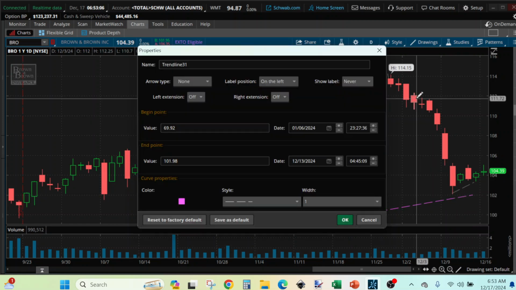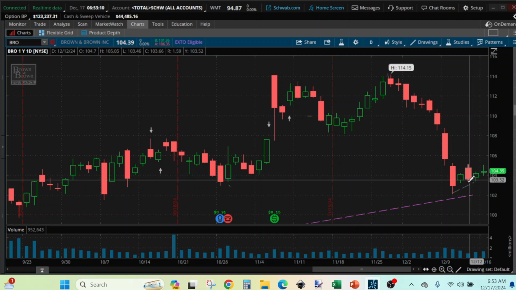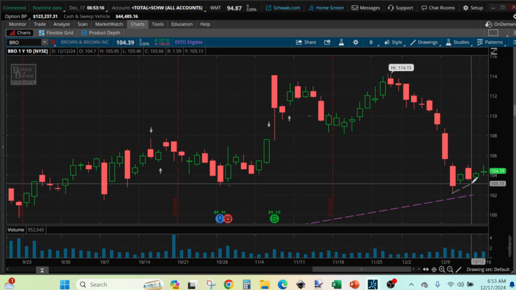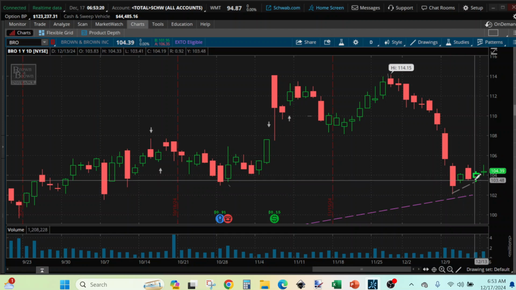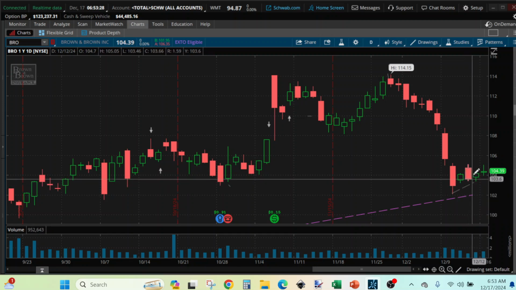Why not wait to have two lows, the latest one higher than the previous one, to give me a clear confirmation that I have an uptrending price going on there before I enter.